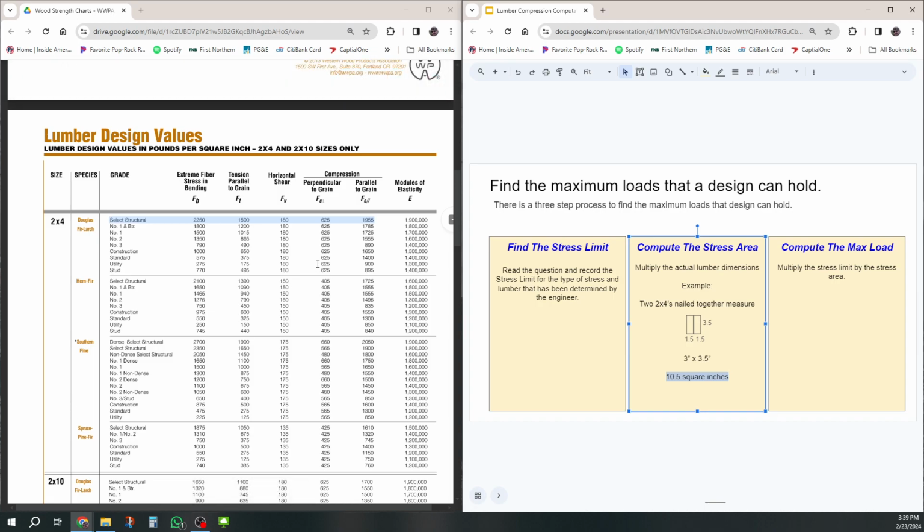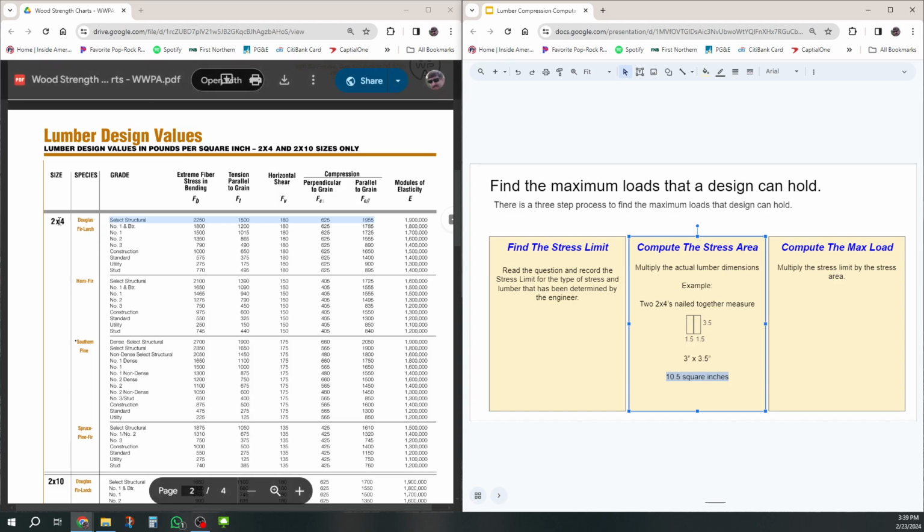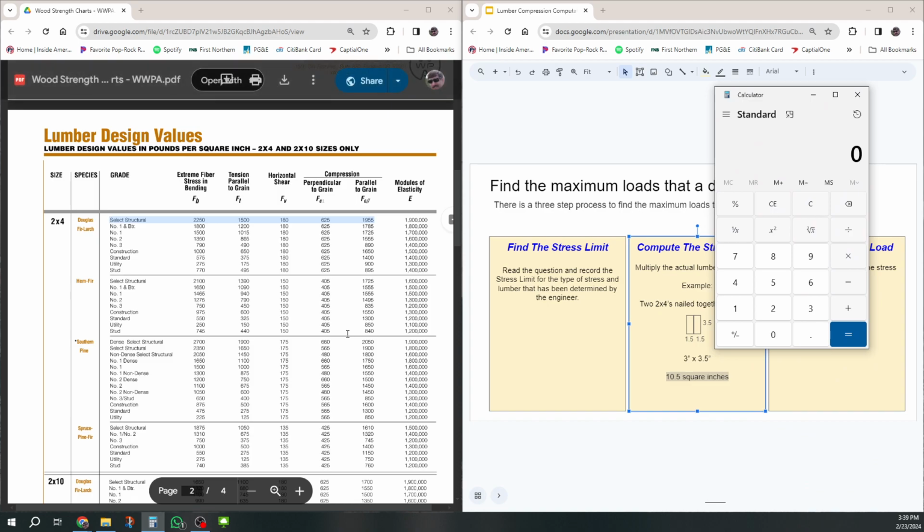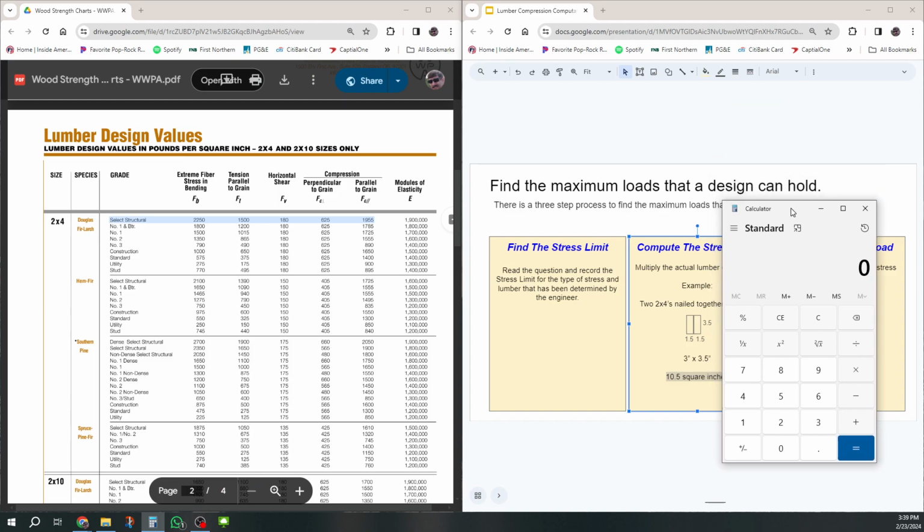Okay, so here's one that says it's a 2x4. Let me pull up my handy dandy calculator here. I've got one 2x4, so I know its area is 1.5 times 3.5. And let's say that I'm interested in compression. Compression of select structural.